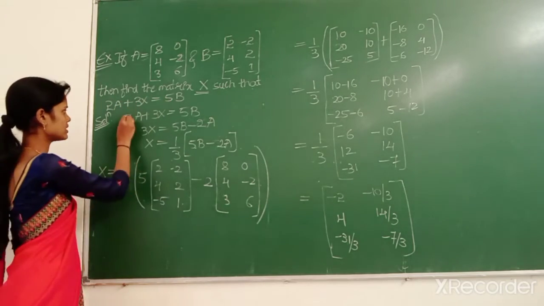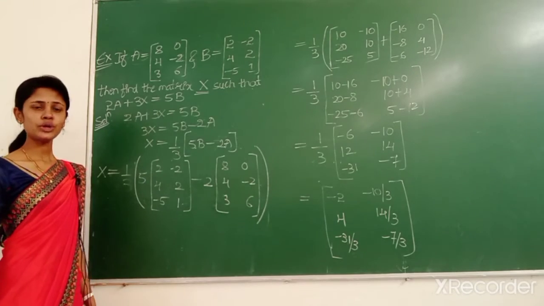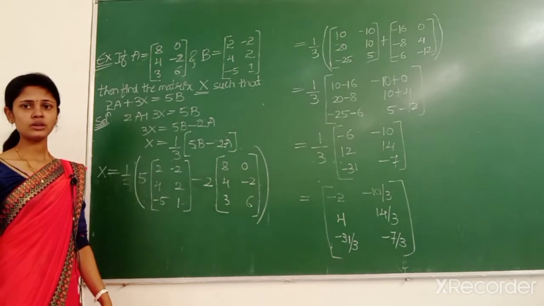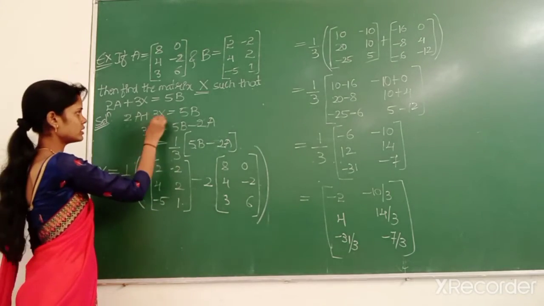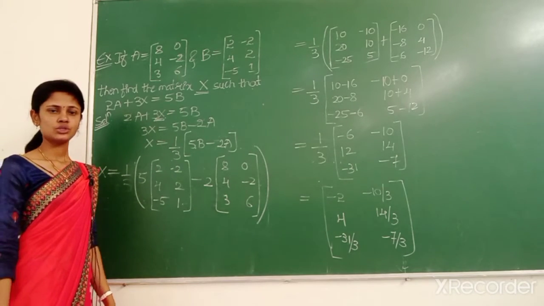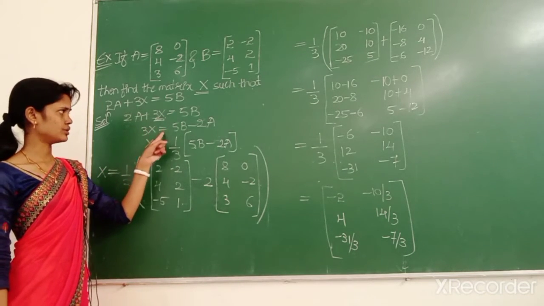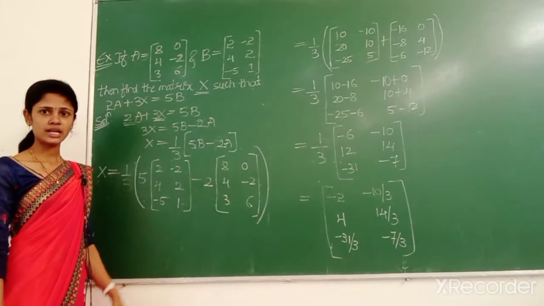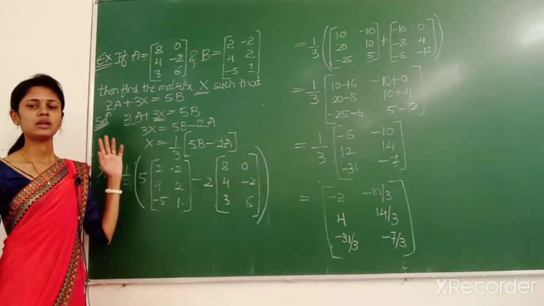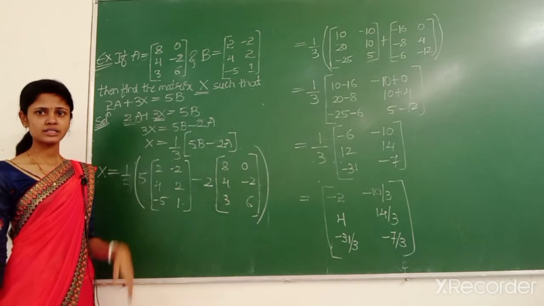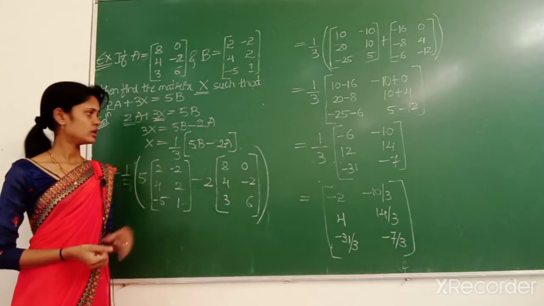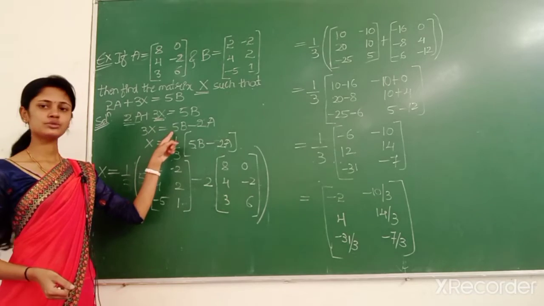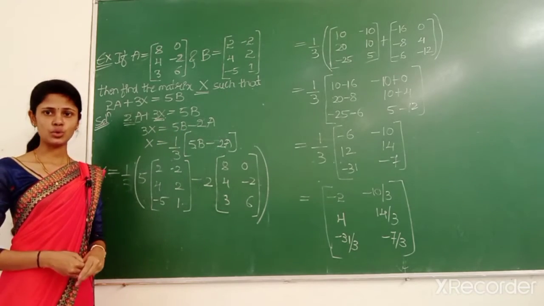So the solution: given 2A plus 3X is equal to 5B, and we want the matrix X. So 3X is equal to 5B, since 2A is on the LHS side as plus 2A; if we take 2A to the RHS, it will be minus 2A. So 3X is equal to 5B minus 2A.